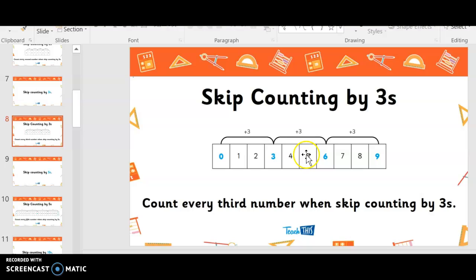Skip 4, skip 5, you're landing on 6, because that is the third number. Skip 7, skip 8, you land on 9. That is the third number. So if you're skip counting by 3s, which is the rule, you would say 0, 3, 6, 9, skip the next 2. Now, I wonder what you'd land on.